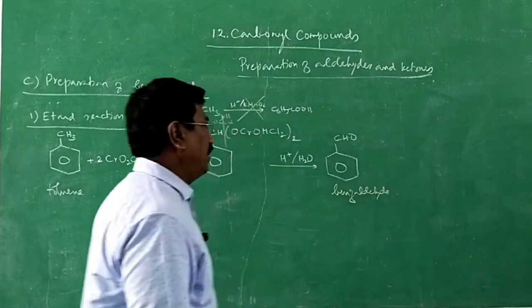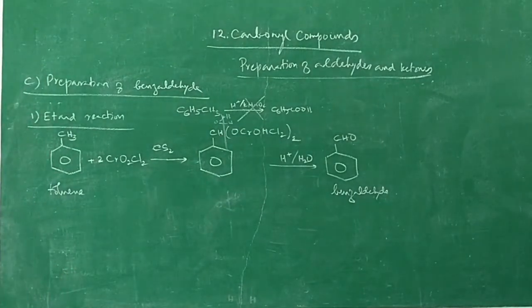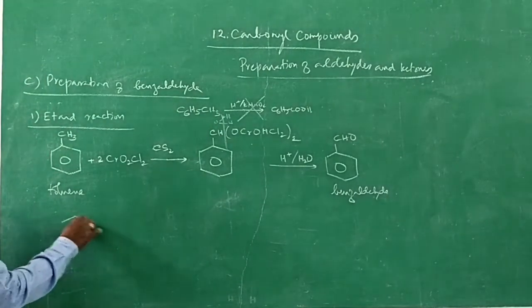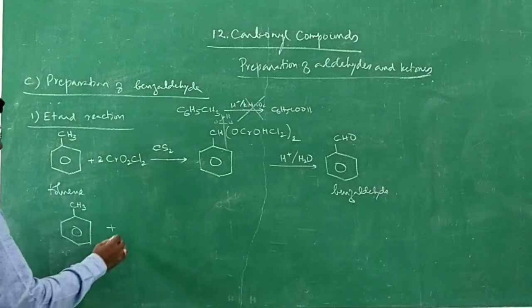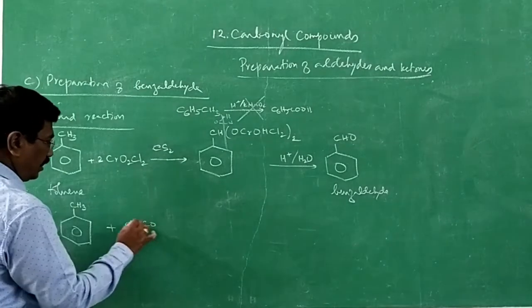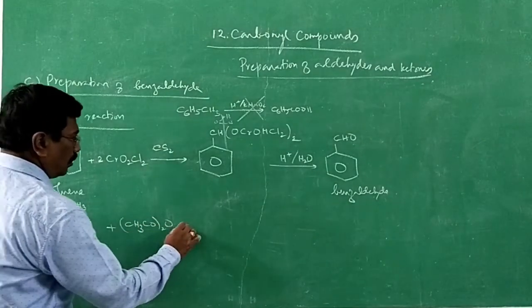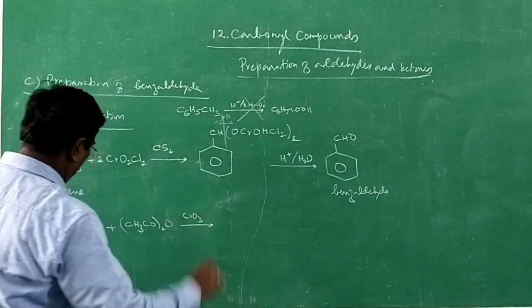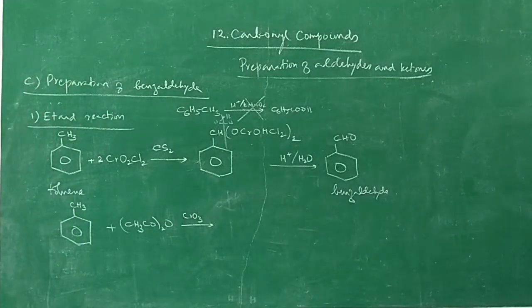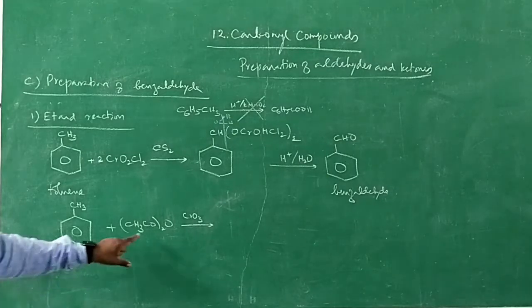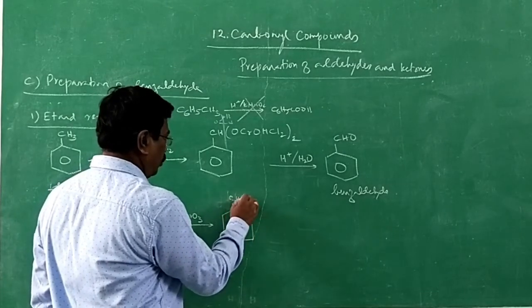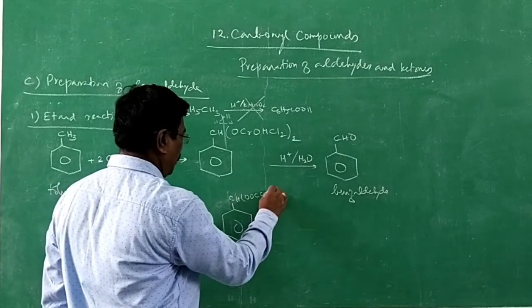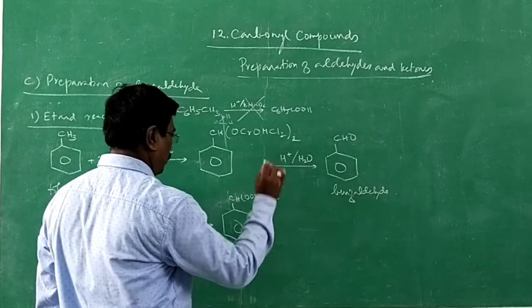Same reaction may be carried out using acetic anhydride and chromic oxide. Toluene with acetic anhydride, (CH3CO)2O, in the presence of CrO3. You will be getting acetylated compound, benzene ring CH(OOCCH3)2.